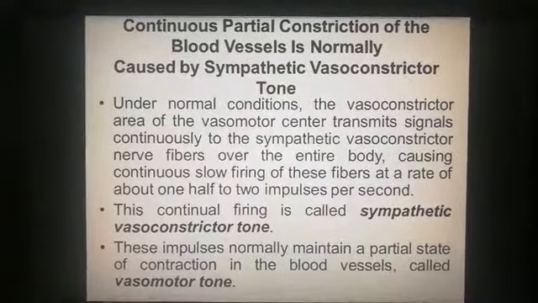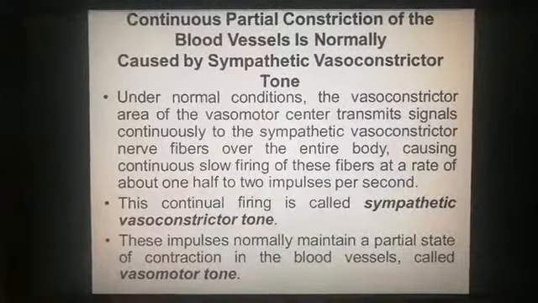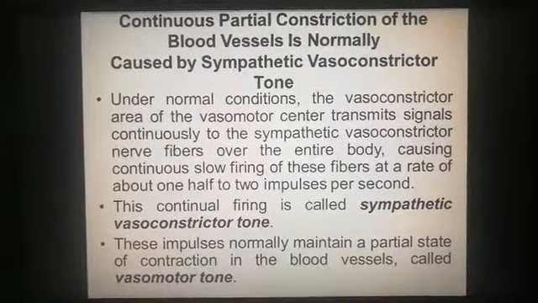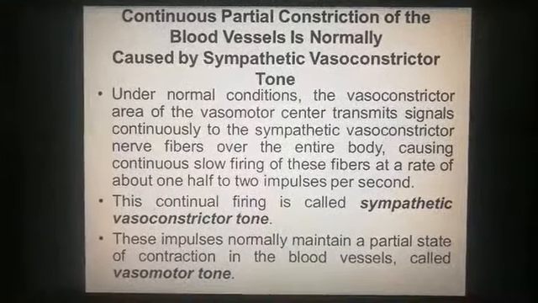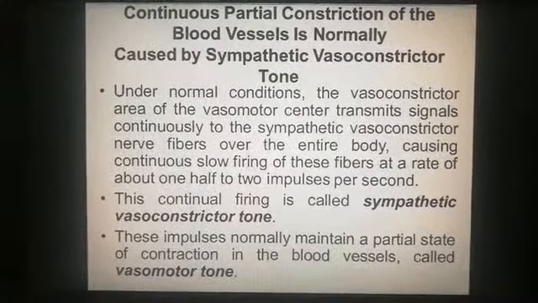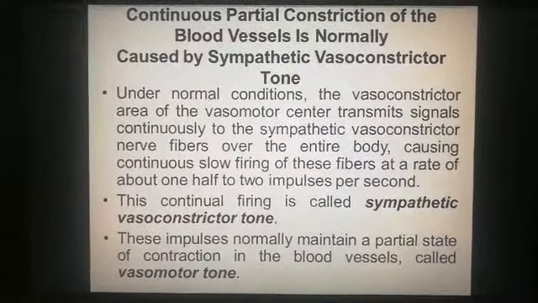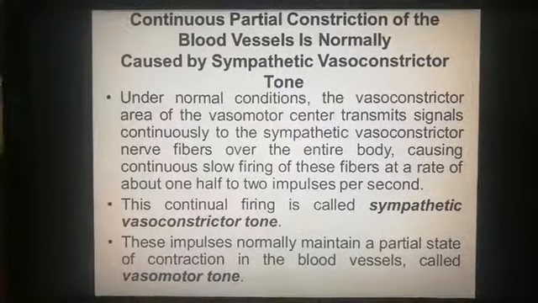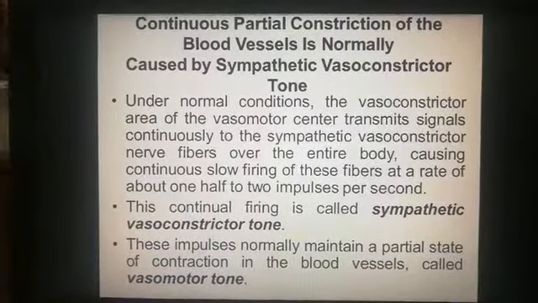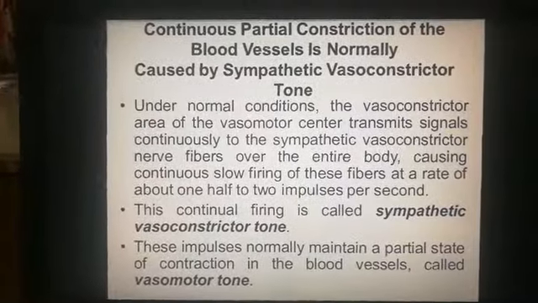So there is continuous firing of signals from the vasoconstrictor area to all the blood vessels of the body, so they remain in a partial state of contraction. That partial state of contraction is called tone. In the case of vessels, it is called vasomotor tone or sympathetic vasoconstrictor tone. So the vessels remain partially constricted all the time. They don't become flaccid.